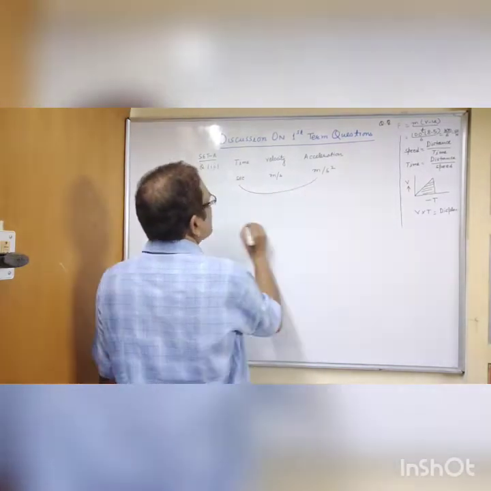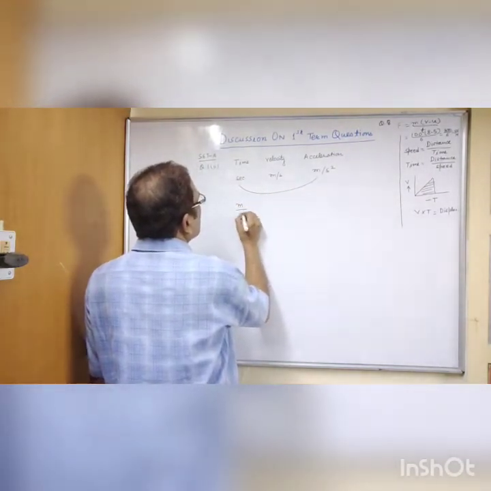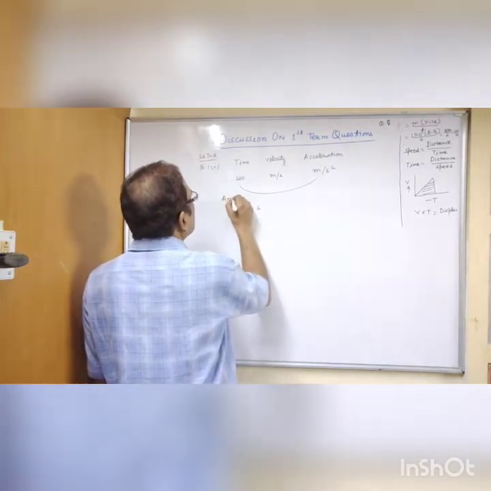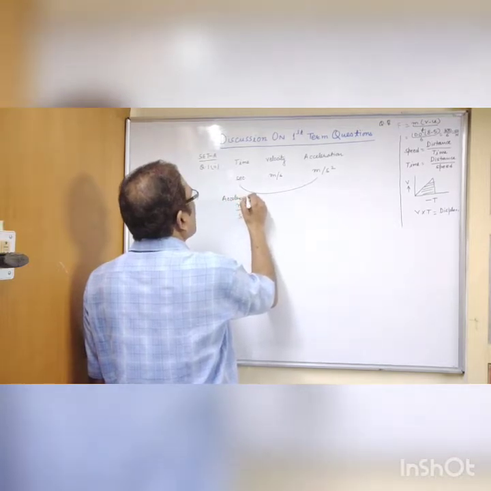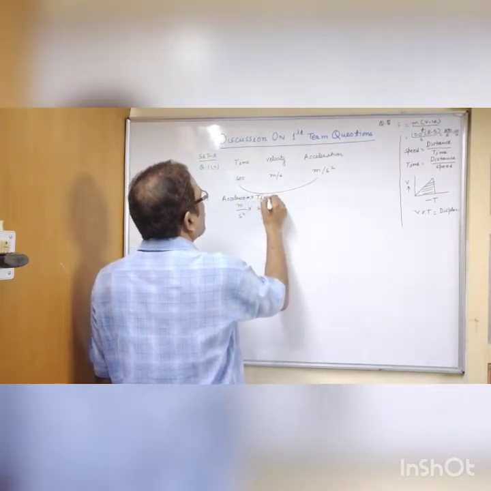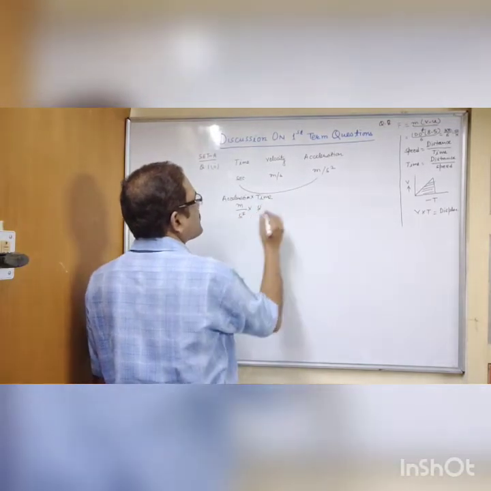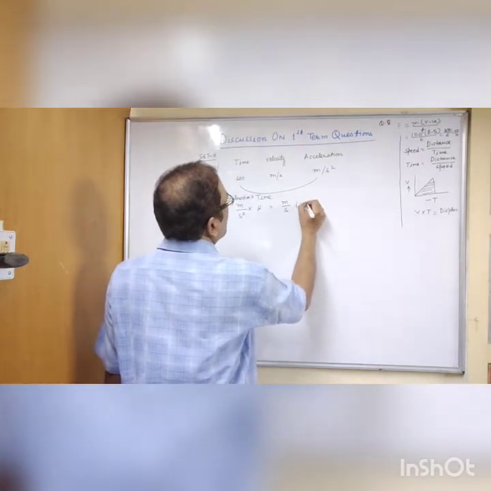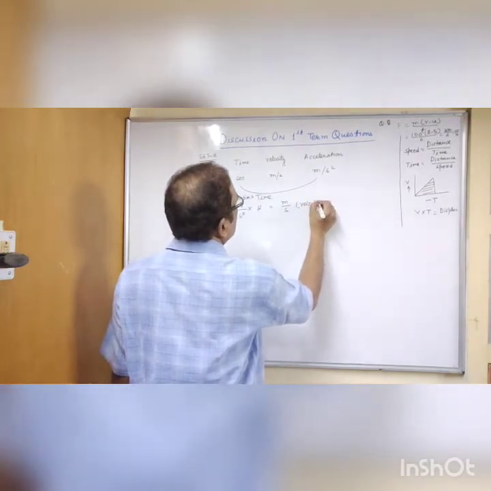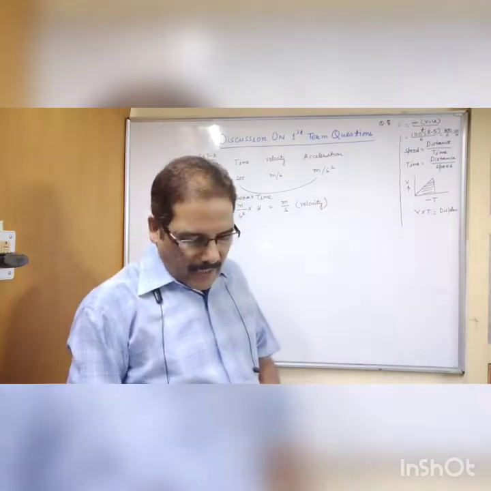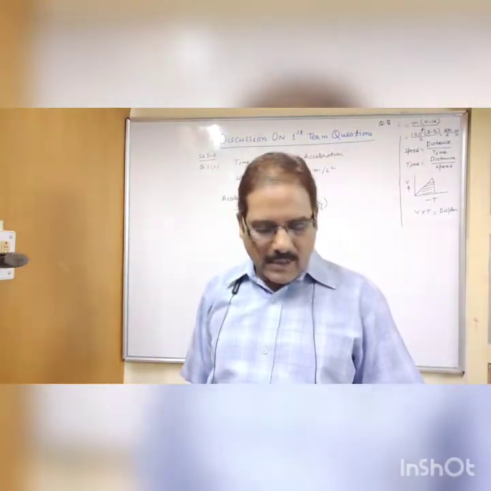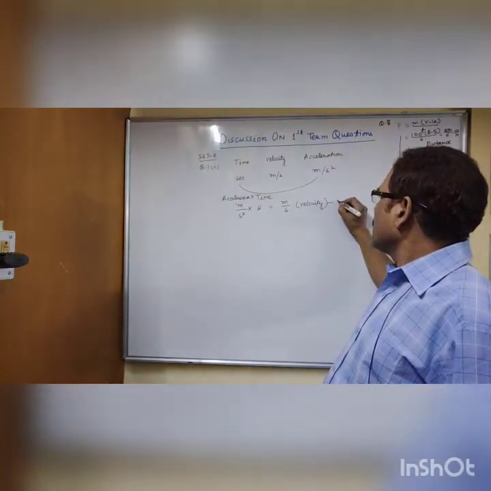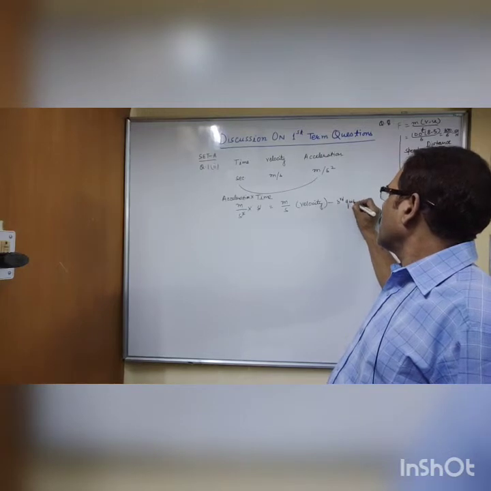If you multiply these two, meter per second square into second, that is acceleration into time, one second is cancelled out, and we will get meter per second. So this is the unit of velocity. So you have to write the name of the third quantity. Which is the third quantity? The third quantity is velocity.